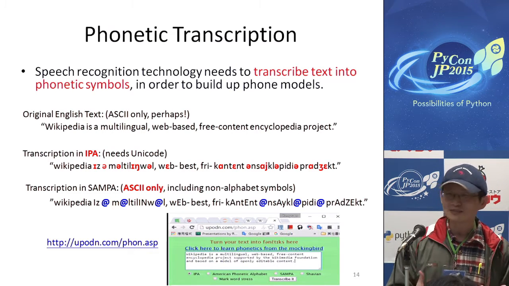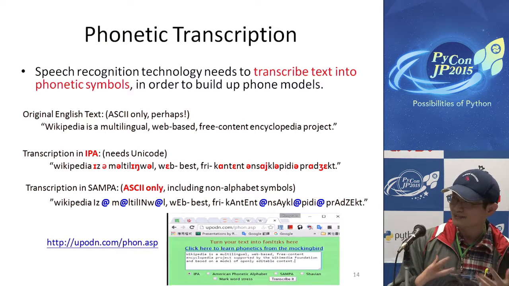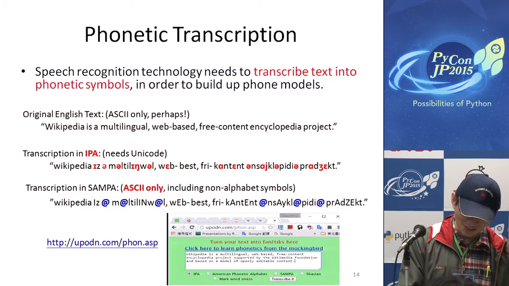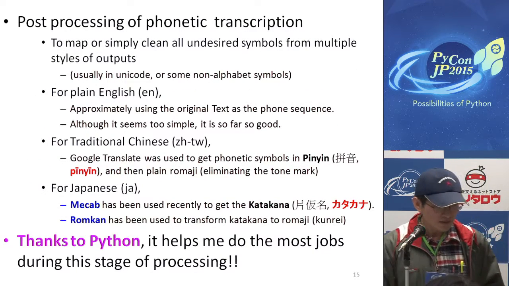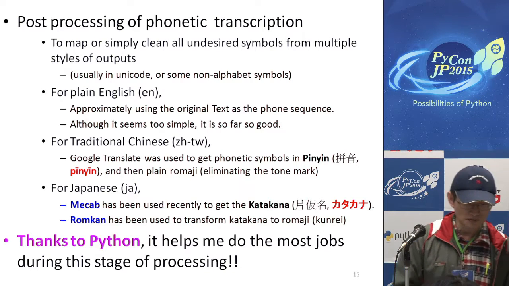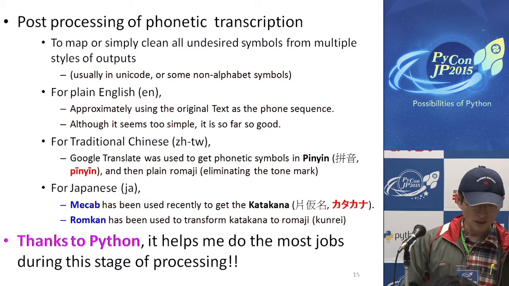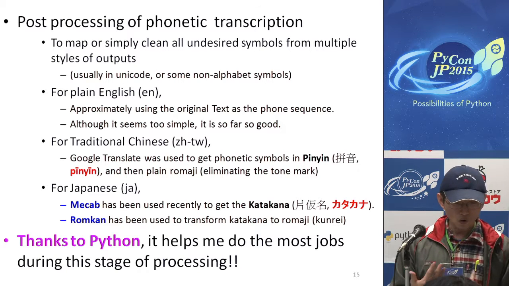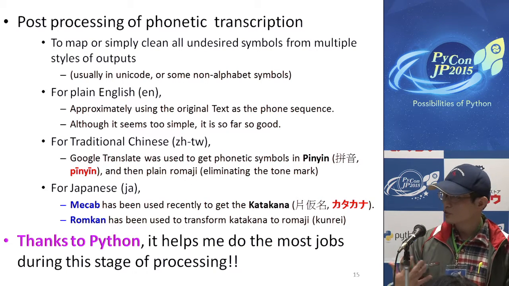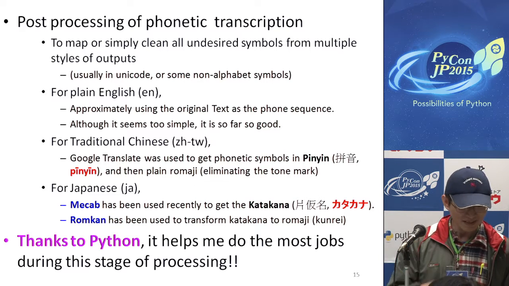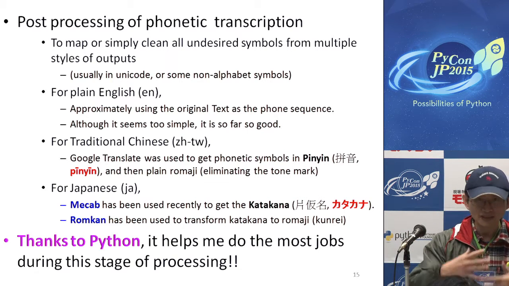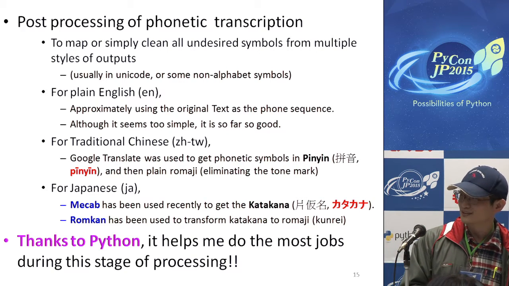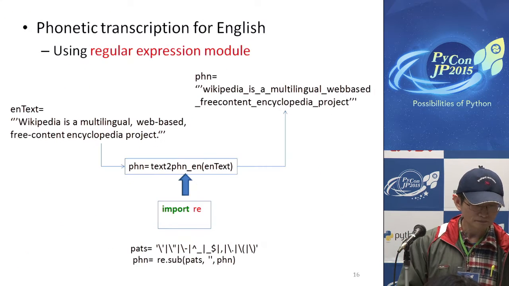So for Python to deal with those Unicode things is quite natural. So thanks to Python. In this transcription, if you want to deal with IPA symbols, or even Chinese characters, or Japanese kanji, katakana, something like that, having Unicode embedded is quite good. It's a wonderful thing. It's an awesome thing.